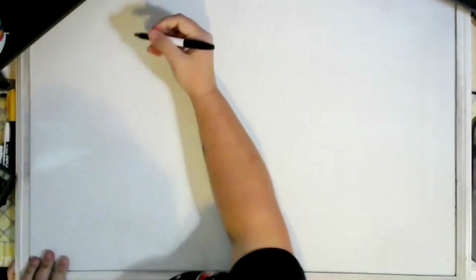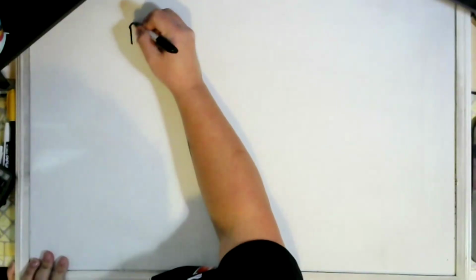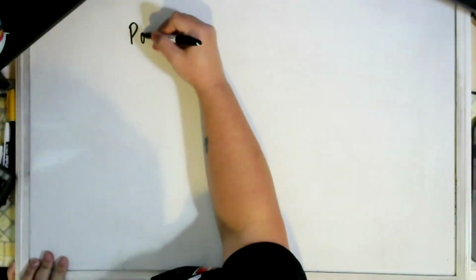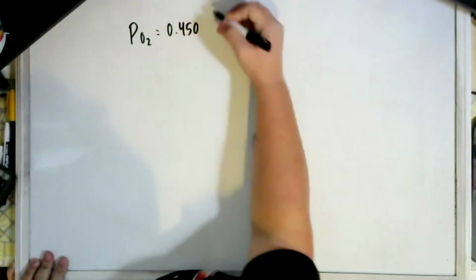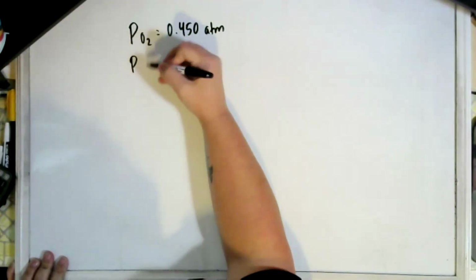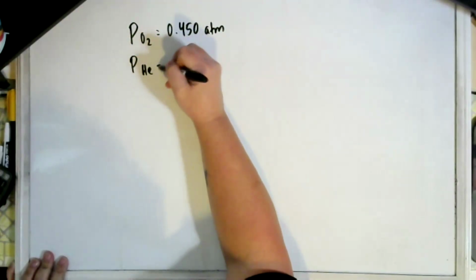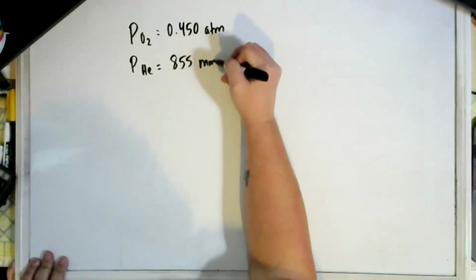Let's write this stuff down. We have oxygen, so we're going to write that the pressure of O2 is 0.450 atm. The pressure of our helium is 855 millimeters of mercury.